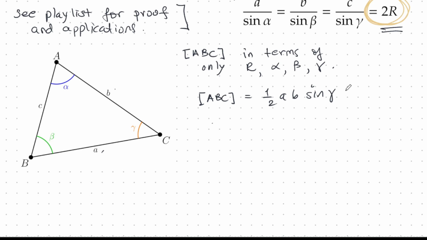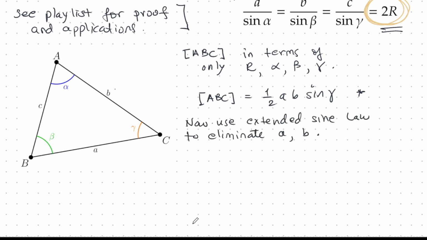Now, it's important to remember this off the top of your head all the time, because we're going to use it very much in this video. Now we can use the extended sine law to eliminate the sides AB. So from the extended sine law, I have A over sine alpha is 2R, and that gives me A is 2R sine alpha.